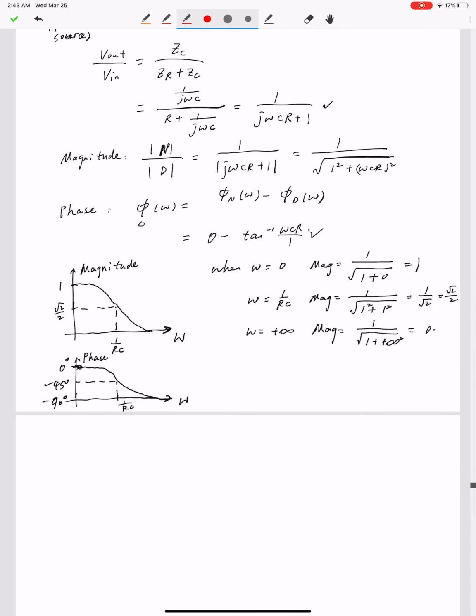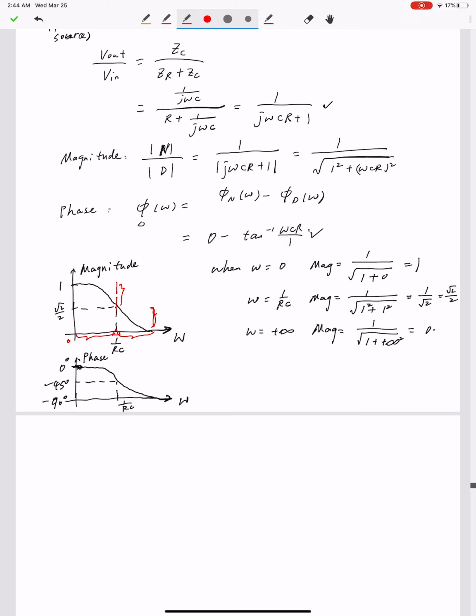Looking at this diagram, when the frequency is in the range from 0 to 1 over RC, the corresponding magnitude values are above square root of 2 over 2, which we can define as high magnitude. And when the frequency is in the range from 1 over RC to positive infinity, the magnitude is below this threshold of square root of 2 over 2, and we can call it low magnitude.